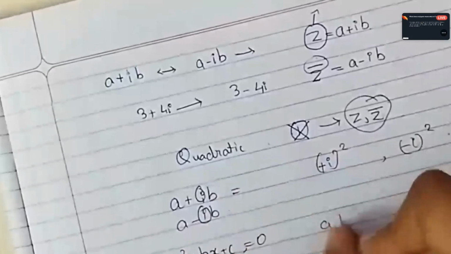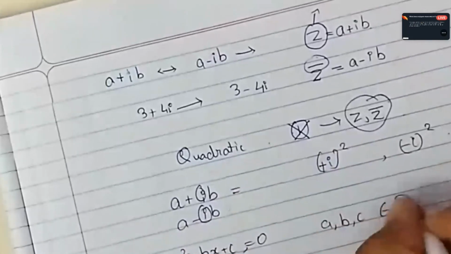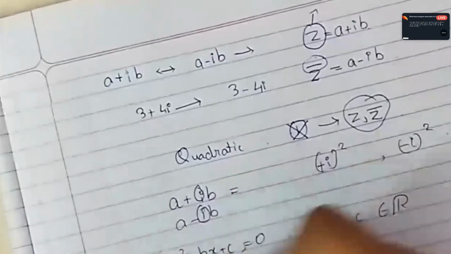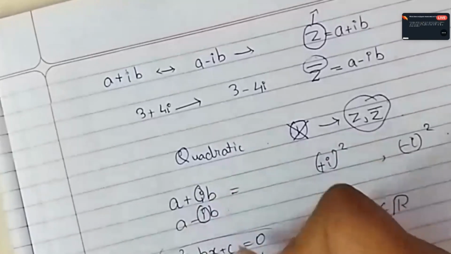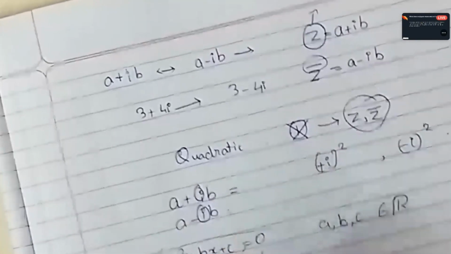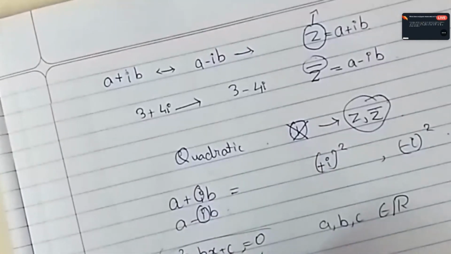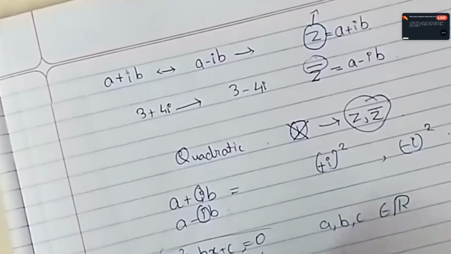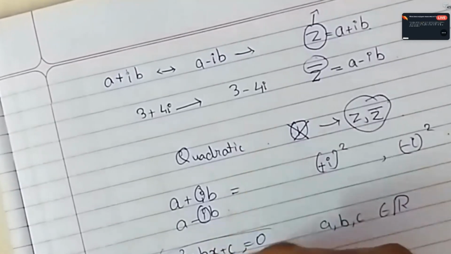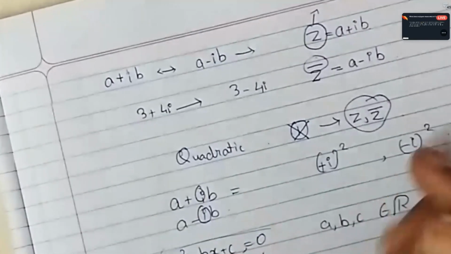Then a, b, c, if all of them are real numbers, like the equation should be a real equation, then the solution is always going to be in a pair of two conjugate numbers. It can never have two different numbers.